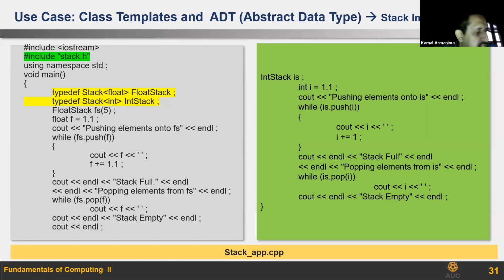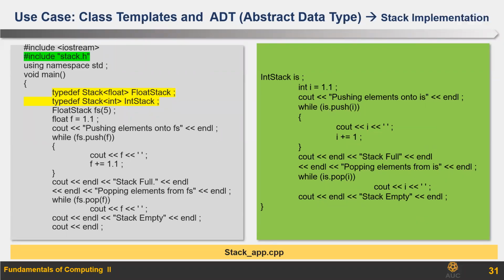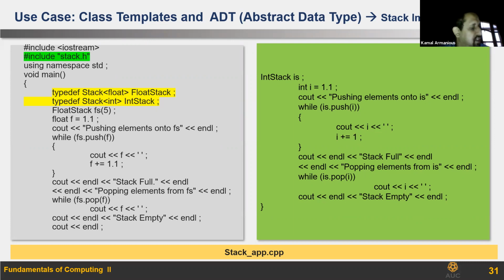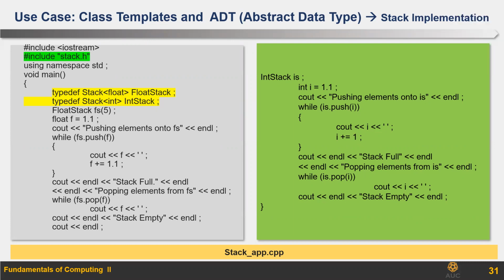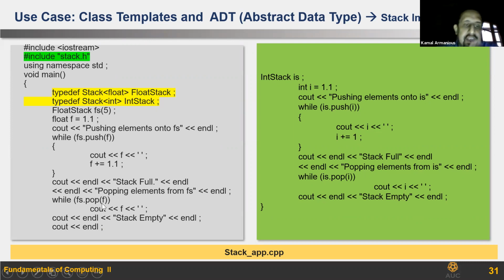What is the size of the stack, Yaim? 5. Can I push more elements after 5.5? No. Then this while loop ends, and here I am popping the elements out of the stack, beginning from the last till the first: 5.5, 4.4, 3.3, 2.2, 1.1.